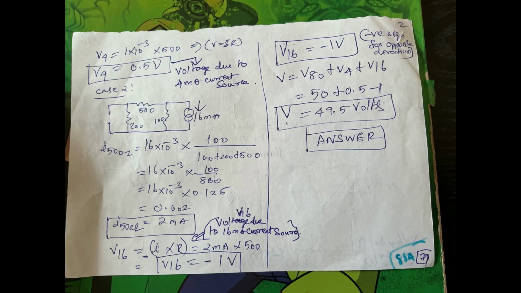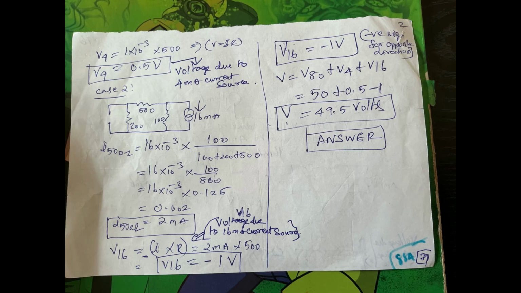In the second case, the 4 milliampere current source is open circuited and the 16 milliampere source is present. I500 ohm is first found by applying the current division rule: 16 into 10 power minus 3, the total current, into the parallel resistance 100, divided by the total series resistance 100 plus 200 plus 500.